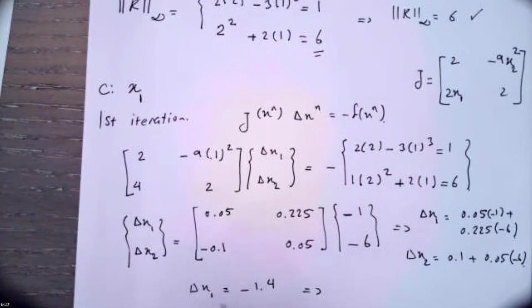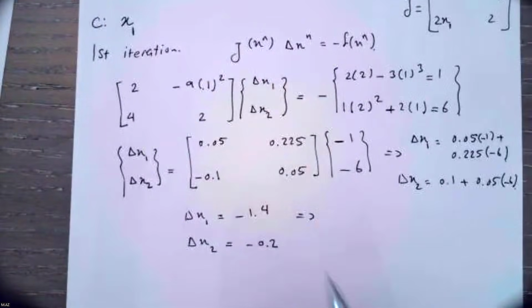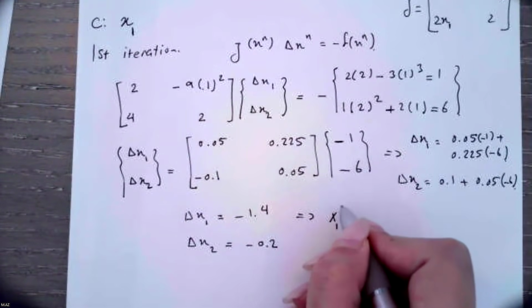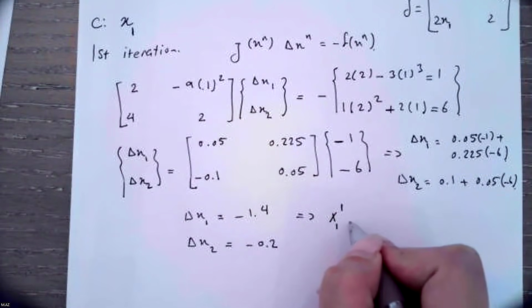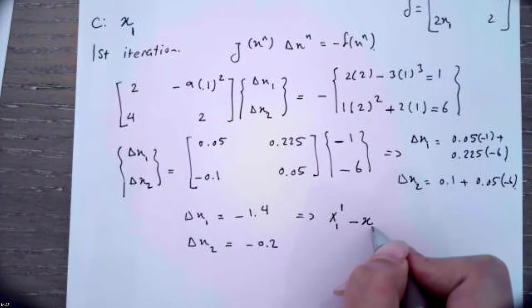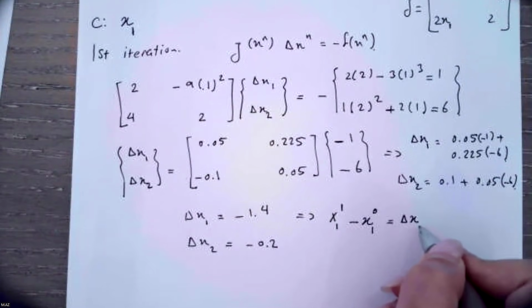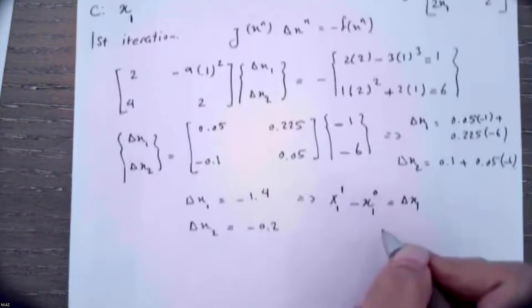And delta x1 for these problems is x1 for the first iteration minus x1 for the initial guess, showing delta x1.